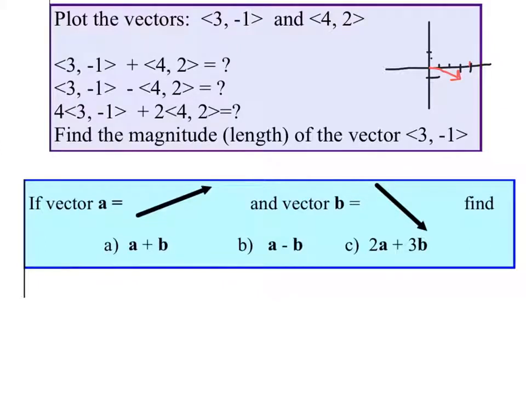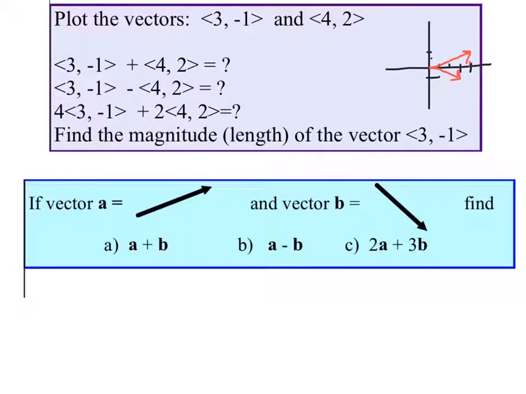Now, where the vector starts really isn't important. It just needs to have that, over 4, up 2, or of course in the previous example, over 3, right 3, and down 1.